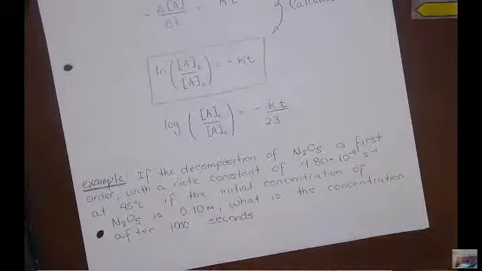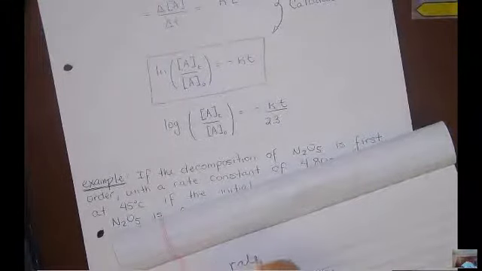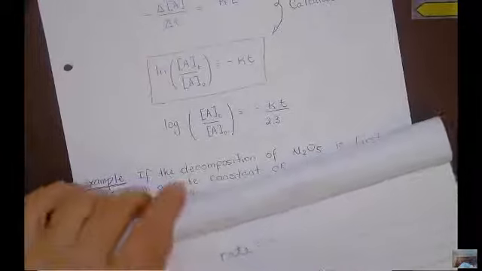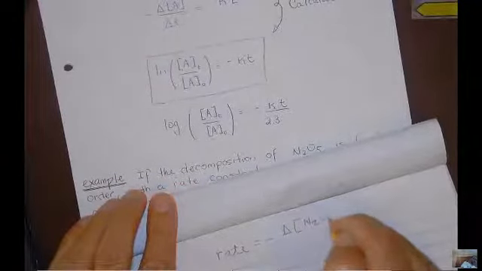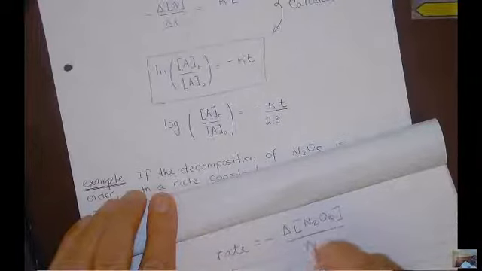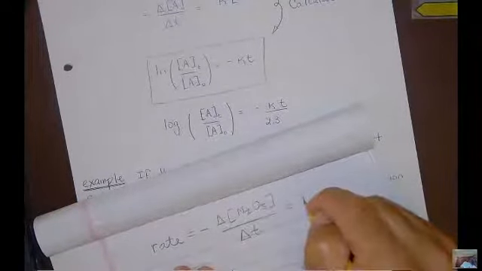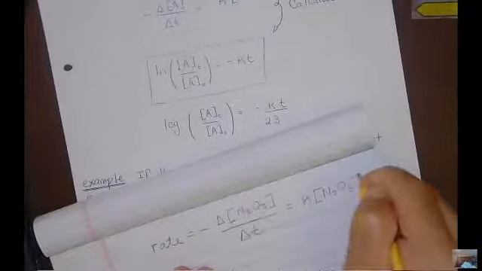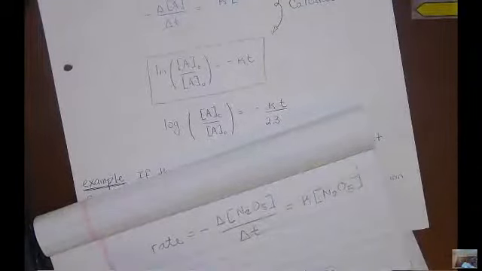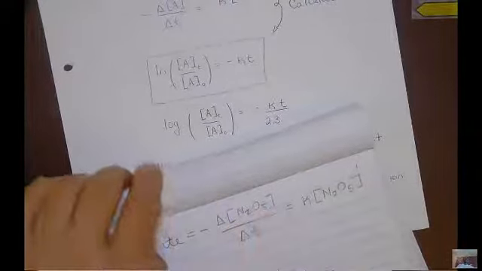Okay, so let me write down all my facts. I know that it's first order, so the rate is equal to minus the change in N2O5 with time, and that's equal to the rate constant k times N2O5 to the first power, because they told me this is a first order reaction in N2O5 and N2O5 is disappearing.